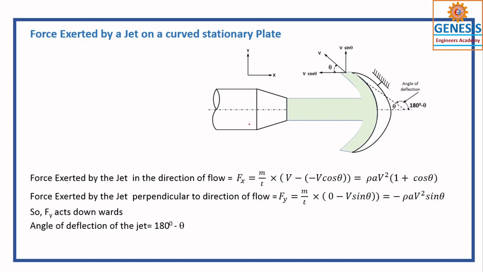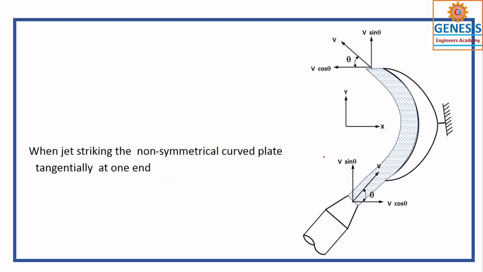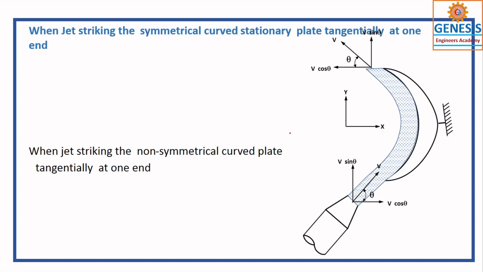so this is the animation, how the flow gets deflected from the horizontal to this inclined direction. Now, in the previous case, the jet strikes central. In this case, the jet strikes on a symmetrical plate.